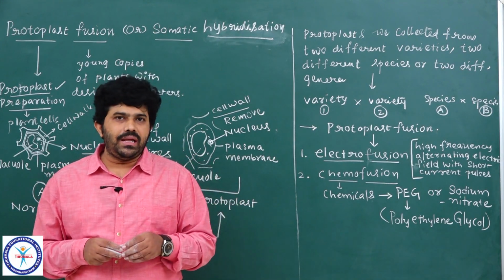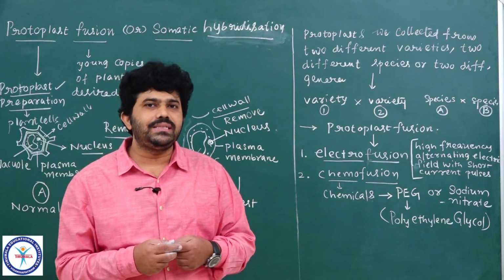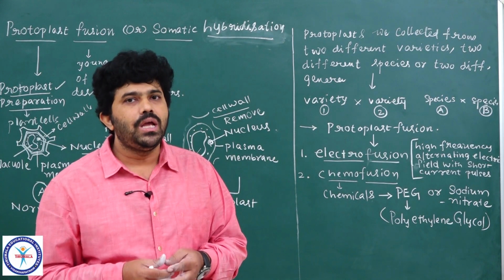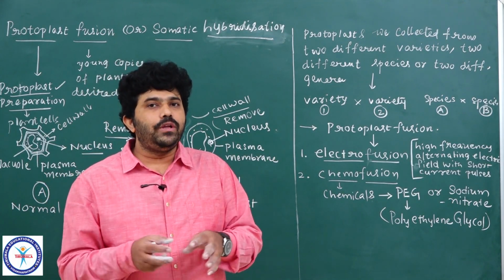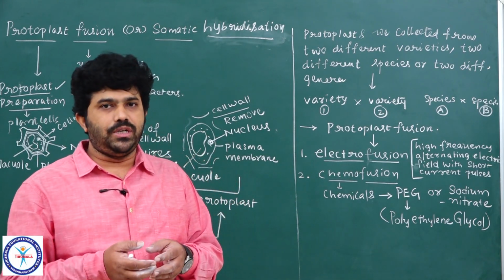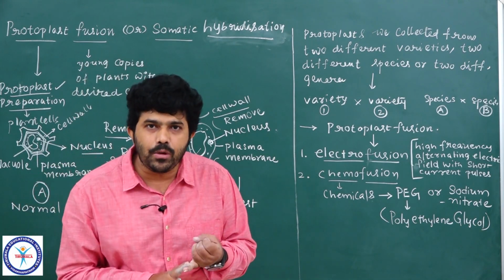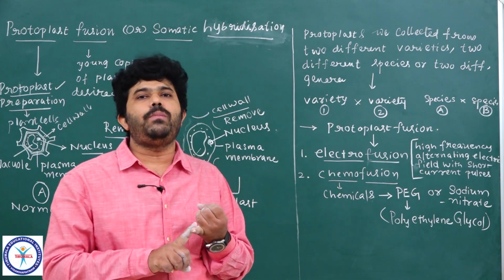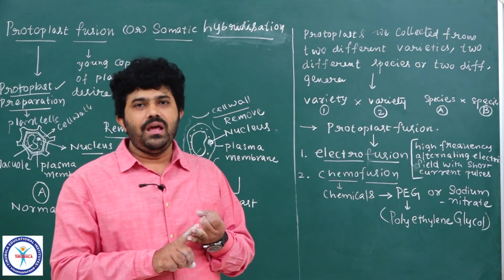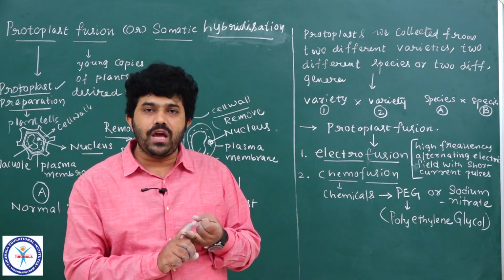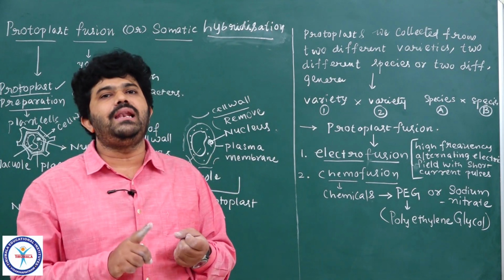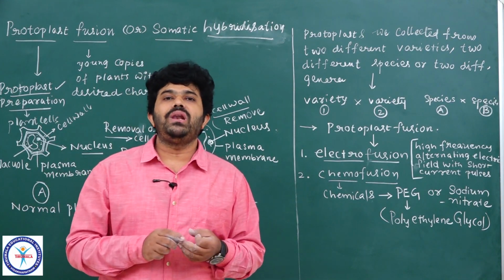Understood? In this hybrid we observe that the cytoplasm is fused. Then the nuclei of the two different protoplasts are ready to fuse. So first we observe cytoplasmic fusion, followed by nuclear fusion. Cytoplasmic fusion and nuclear fusion together give a single cell which we call a hybrid cell.